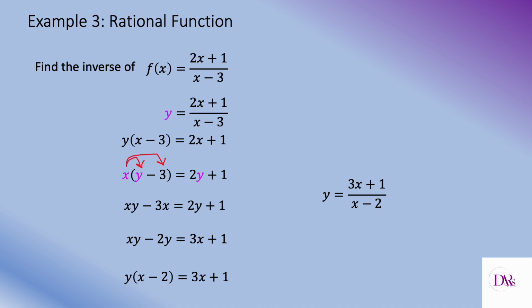So now y equals 3x plus 1 divided by x minus 2. We're not done yet. We still have to replace our y with f to the negative 1 of x, which represents inverse. So now we're done. f to the negative 1 of x equals 3x plus 1 divided by x minus 2.